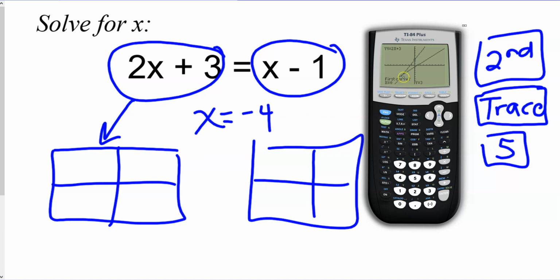Now at this point it's asking you questions like first curve, second curve, and so on. You can choose to put in answers to those, but for now I'm just going to hit the enter button. That's at the bottom right. So it's second, trace, 5, and then enter 3 times.